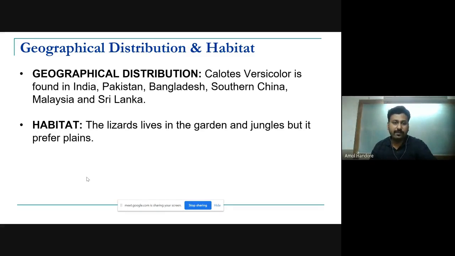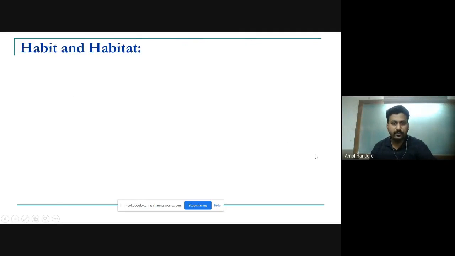Now, what is the habitat? We call them a garden lizard. They prefer to live in gardens because their food is abundant in gardens, but not only in gardens, also in the forest. Basically, they prefer grassland or plain areas. Wherever the insect and other food population is higher, they are found in abundant numbers.